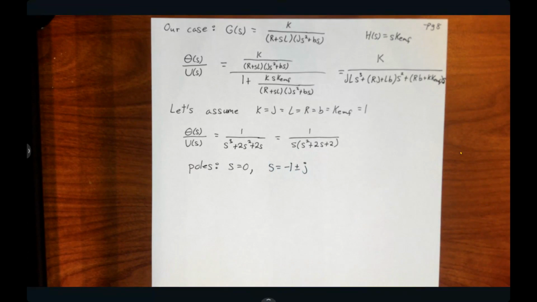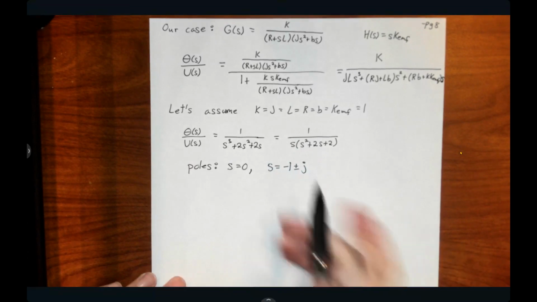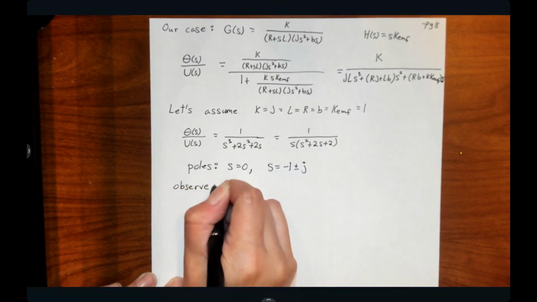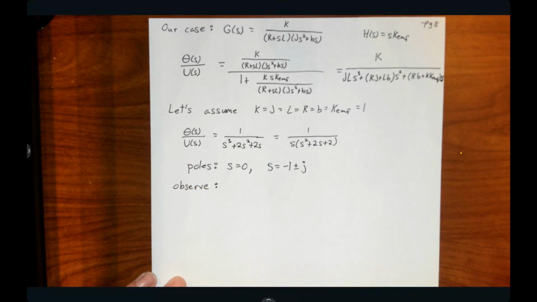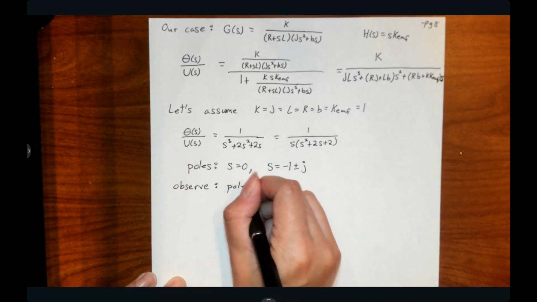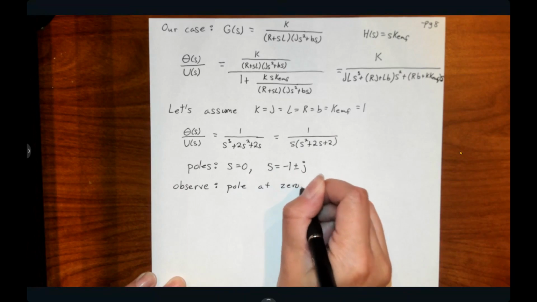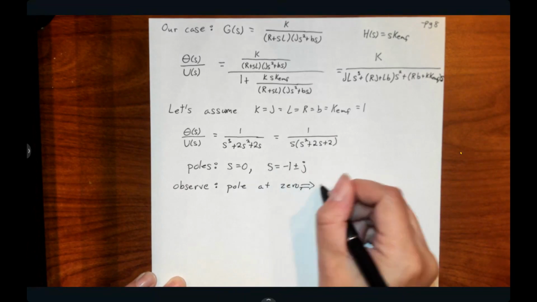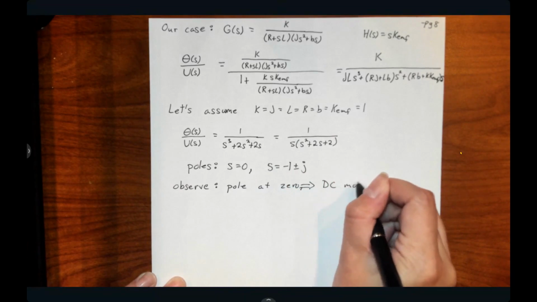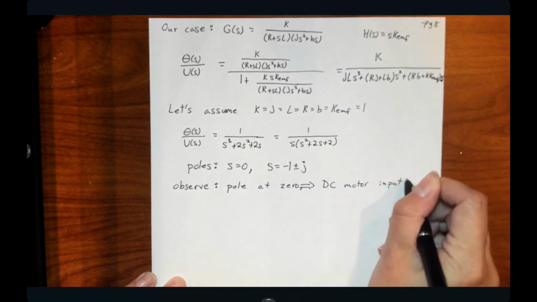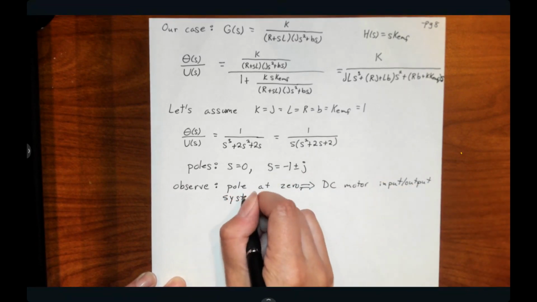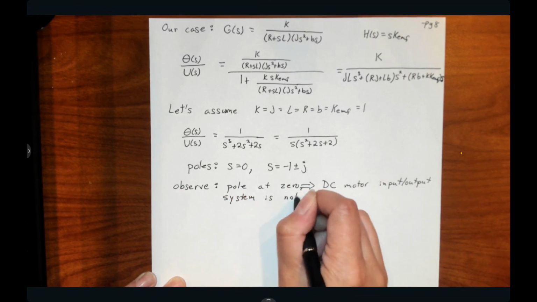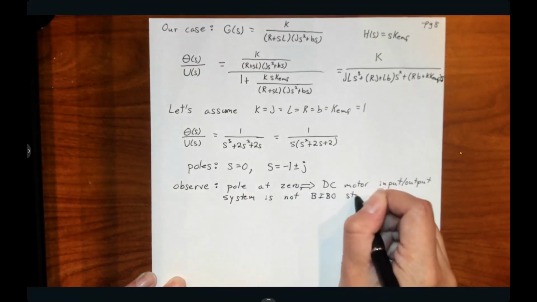So an interesting thing that this tells us, if we recall looking at our poles before, is that these poles are stable because we have a negative real part, so that's fine. But since we have a pole at 0, what that means is our DC motor input-output system is not BIBO stable.